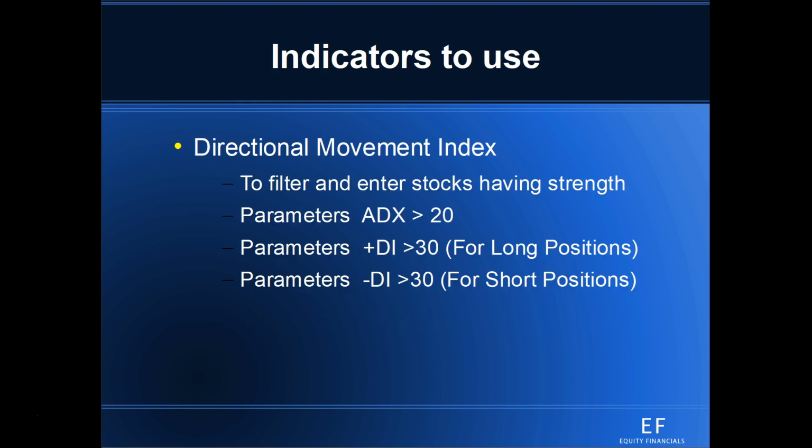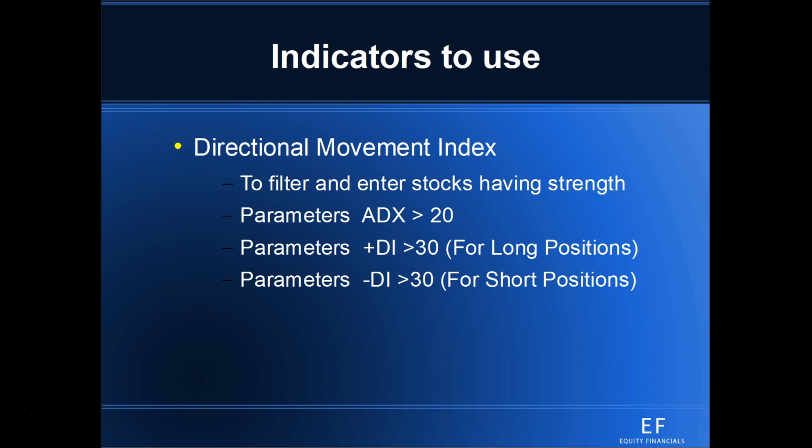And the last one is to filter, because you would find plenty of stocks which will have inside candle formation, but it is important to identify stocks which have a good amount of strength. And to identify the strength, I would be using the Directional Movement Index indicator. The parameter I would be looking at is the ADX value, which should be greater than 20.